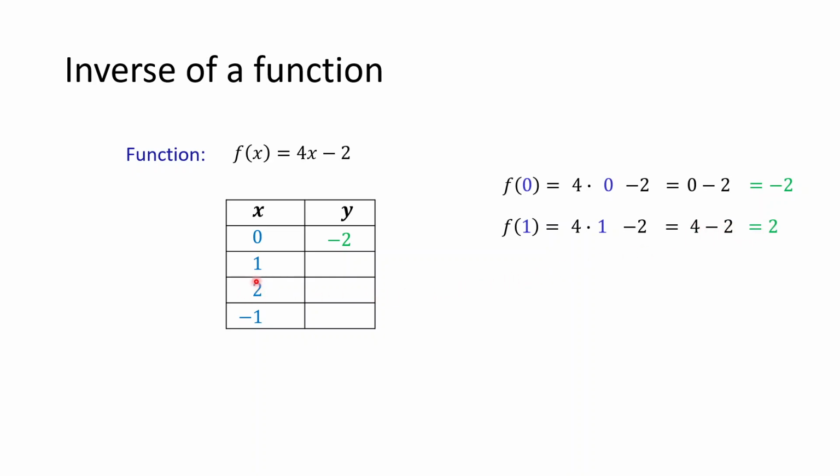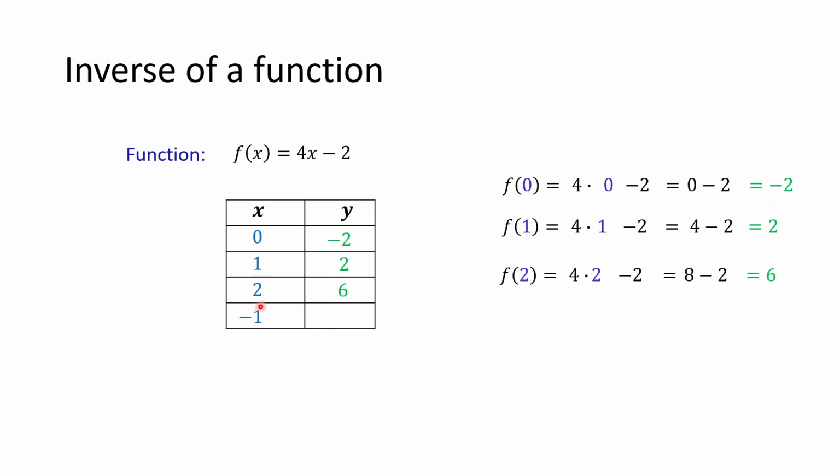Put this value here. Now x is equal to 2. You get f of 2, that is equal to 4 times 2 minus 2, that is equal to 8 minus 2 is equal to 6. Put that here.